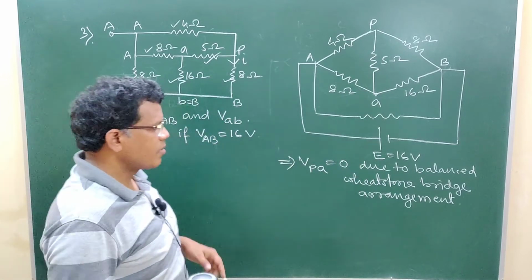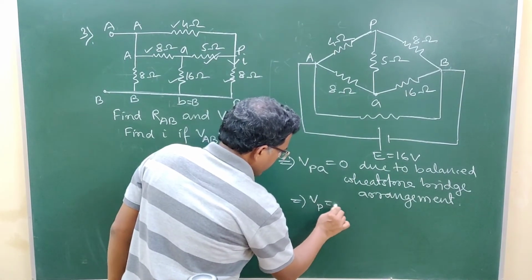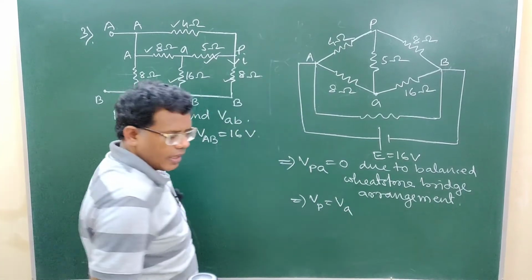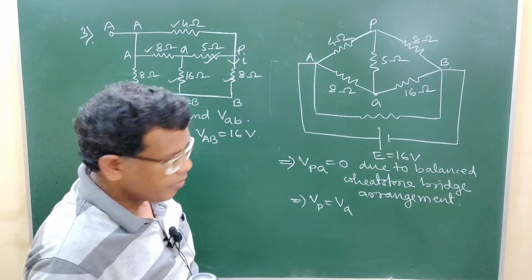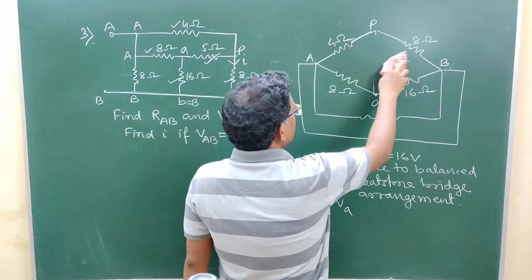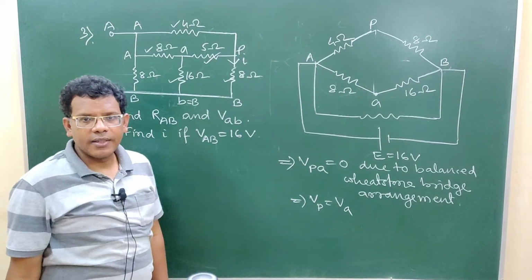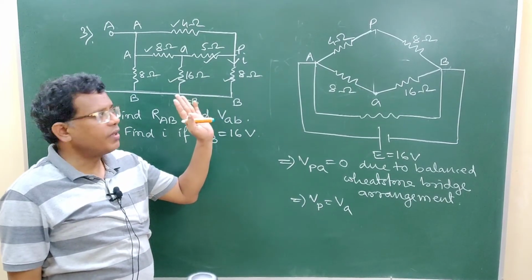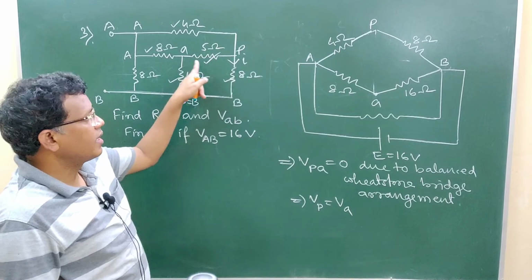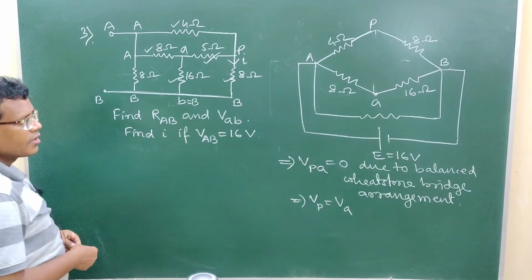So here, therefore, P and A must be at the same potential. So potential of P must be equal to potential of A. That means, as per concept, we can omit this 5 ohm resistor connected between P and A. We can remove this 5 ohm resistor connected between P and A.